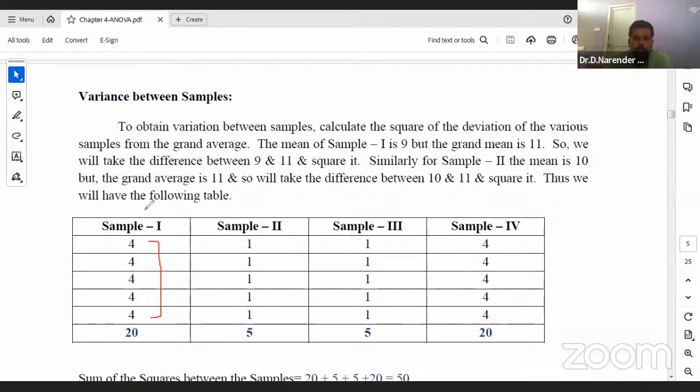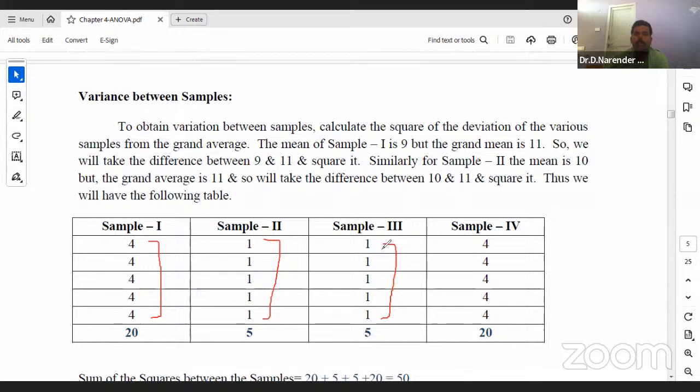Similarly, sample 2. Mean is 10, grand mean is 11. 10 minus 11 is 1. 1 square is 1, and again you have to write it 5 times. The next one: mean is 12, grand mean is 11. 12 minus 11 is 1, 1 square is 1.